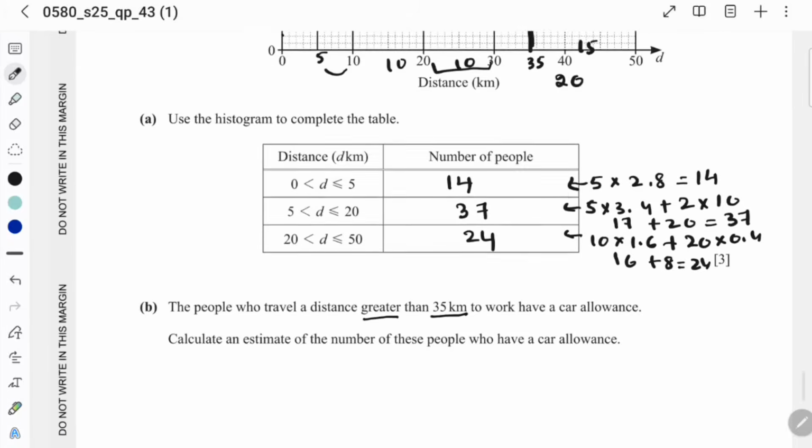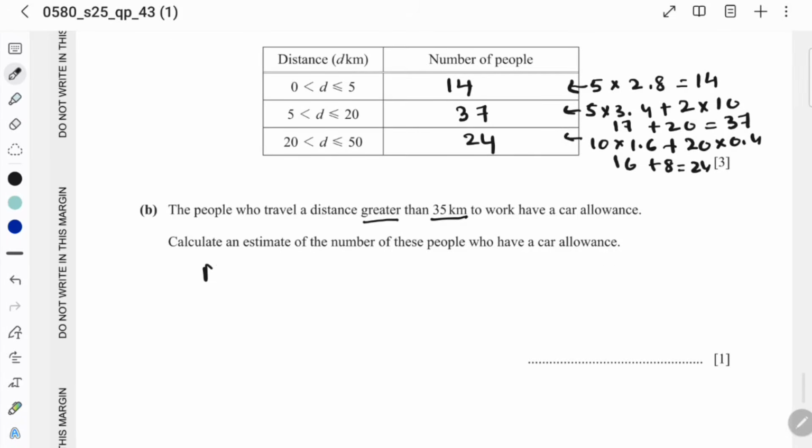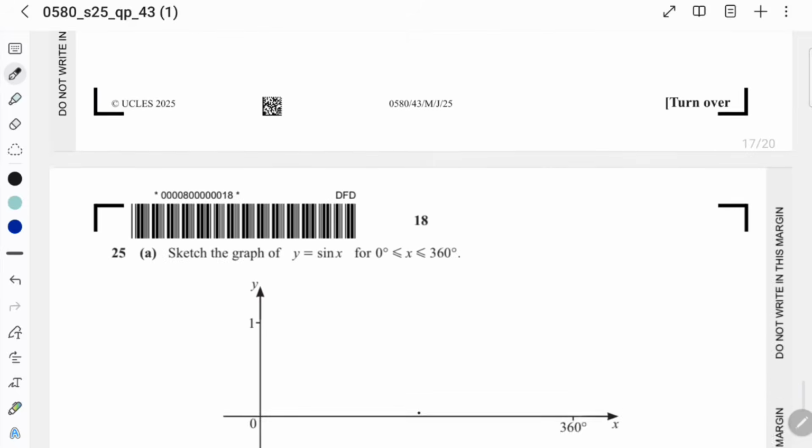So multiply 15 by 0.4. So the number of people greater than 35 kilometers who have the car allowance is 15 times 0.4, which is 15 times 4 is 60, with one decimal place, it's 6.